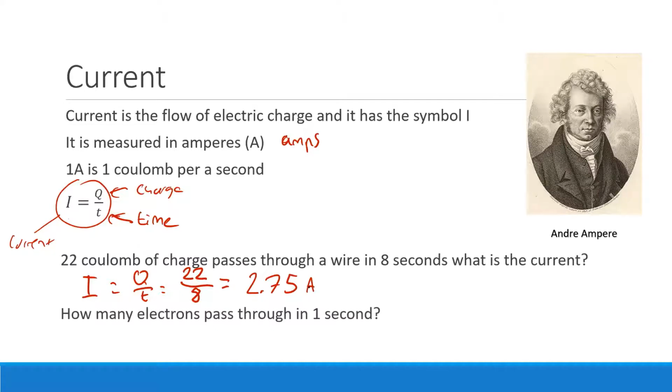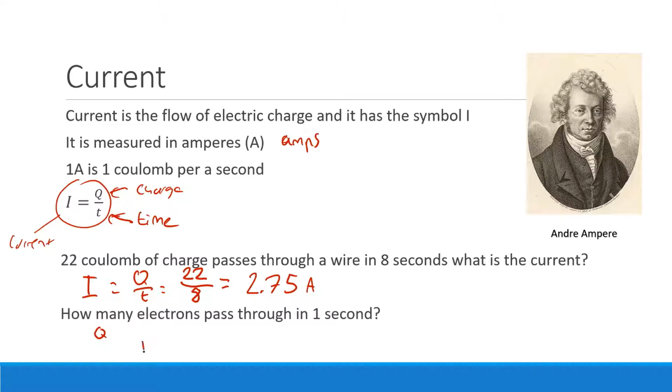How many electrons pass through in 1 second? All right. Let's just quickly do this. To work out how many electrons, we really need to know the charge.